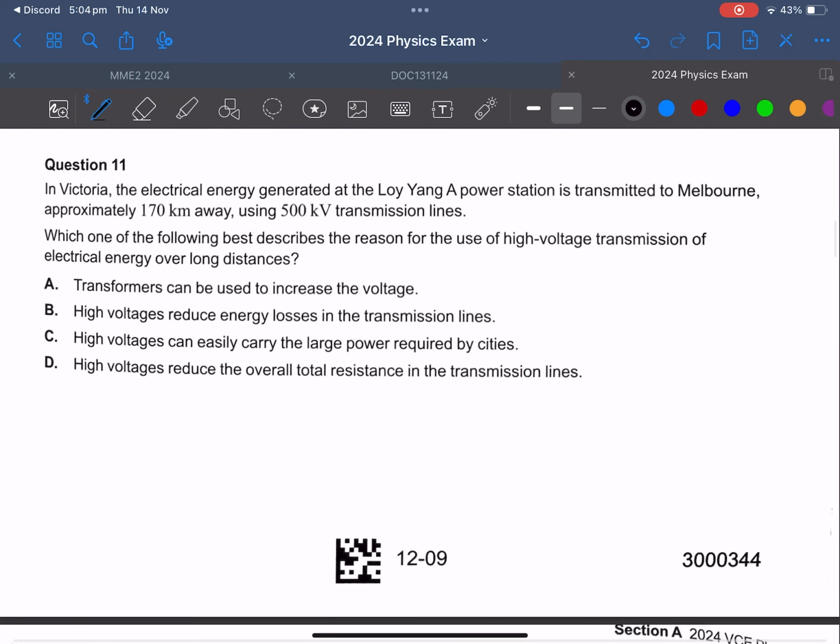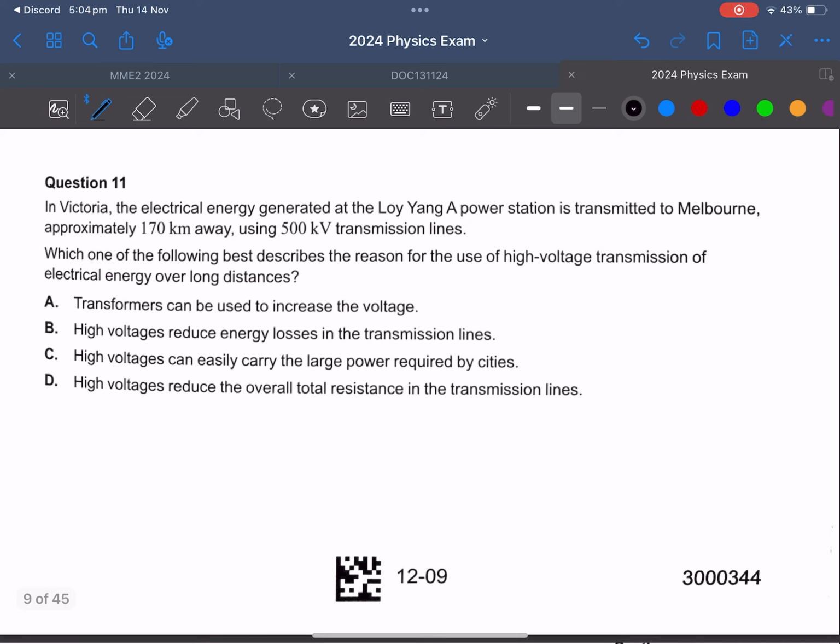In Victoria, the electrical energy generated at the Loy Yang A power station is transmitted to Melbourne, approximately 170 kilometers away, using 500 kilovolt transmission lines. Which one of the following best describes the reason for the use of high voltage transmission of electrical energy over long distances? Transformers can be used to increase the voltage. Yeah, but that is not what the question is asking.